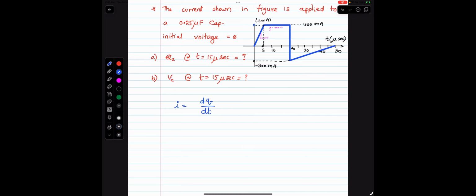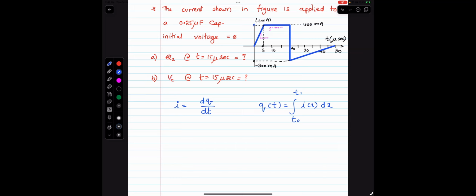Then you can write Q of t as the integral from t0 to t1 of I of x dx, or in other words, I of t dt.